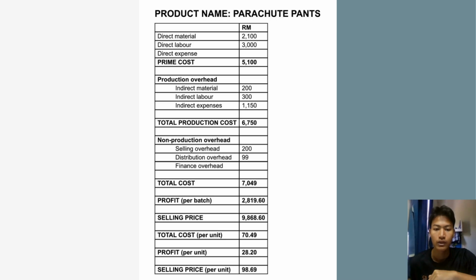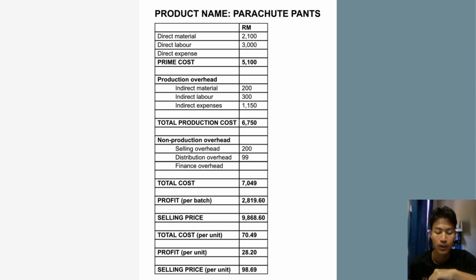The next one we have job cost card for the parachute pants. First we have direct material, which is 2,100, direct labor 3,000, and we got the prime cost, which is 5,100. Next is production overhead. Indirect material 200, indirect labor 300, and for indirect expenses we got 1,150. So the total production cost is 6,750. Next, moving on to non-production overhead. Selling overhead is 200. Distribution overhead is 99.